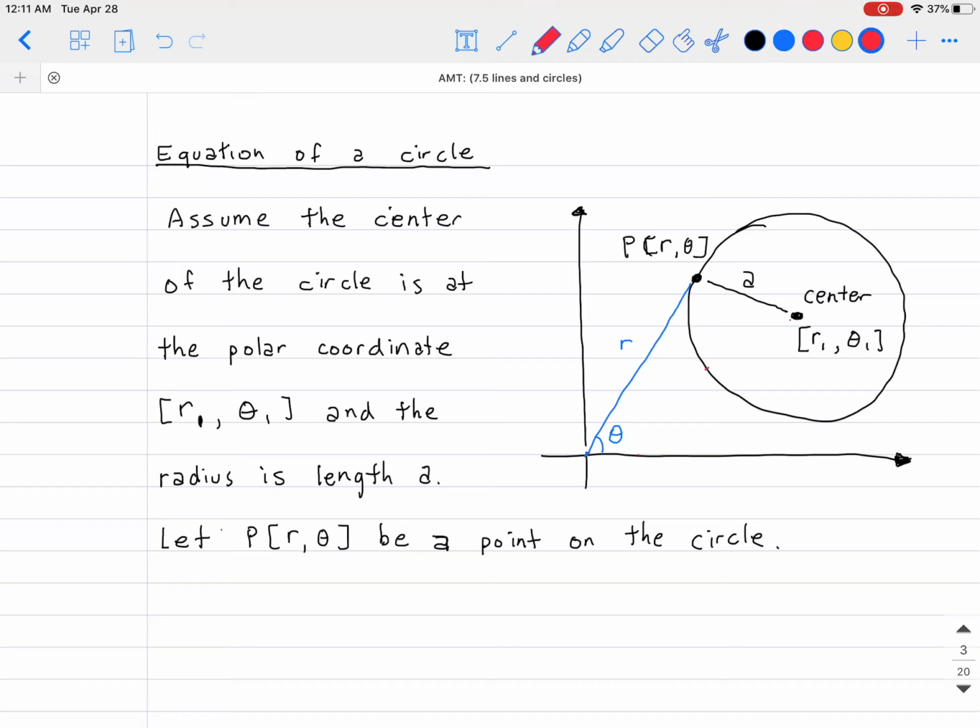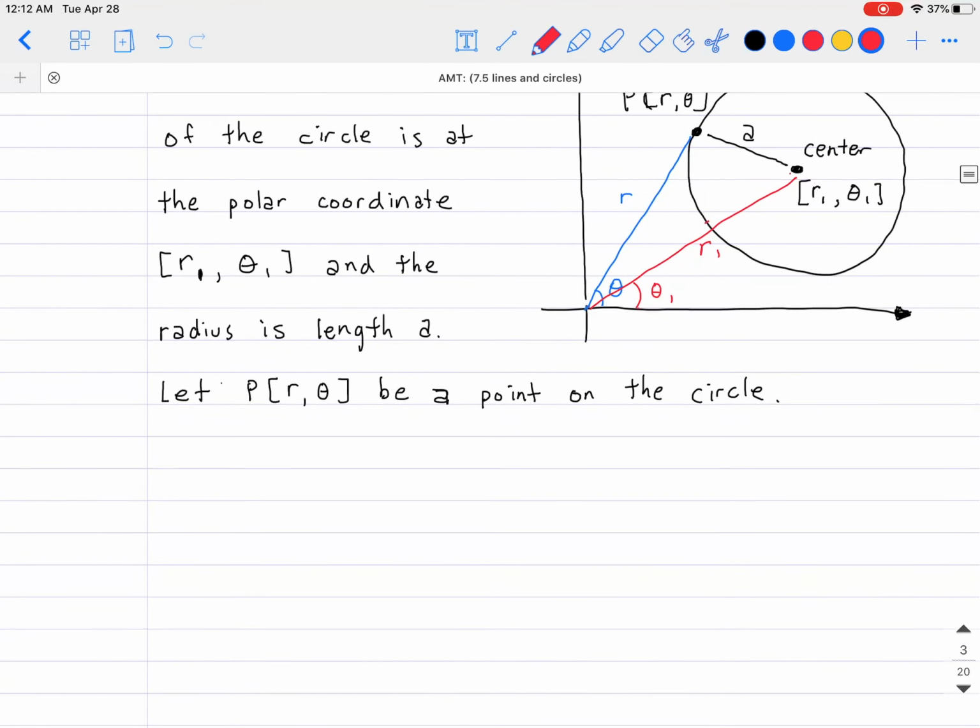Now, similarly, I am going to go ahead and create a line segment from the pole, the origin, whatever you want to call it, all the way to the center of the circle. So there you can see that r sub 1 is located in that line segment, and theta sub 1 is going to be that angle right there.